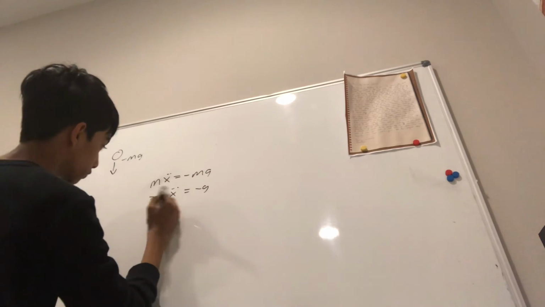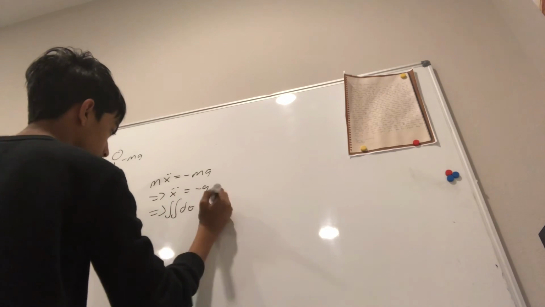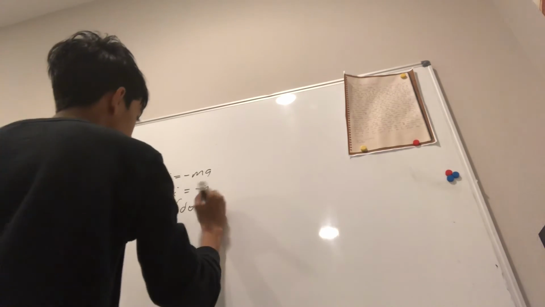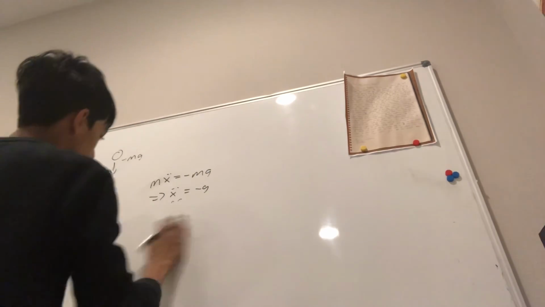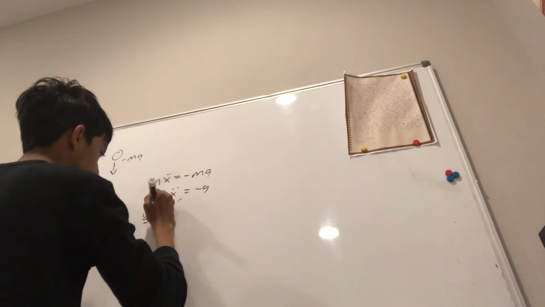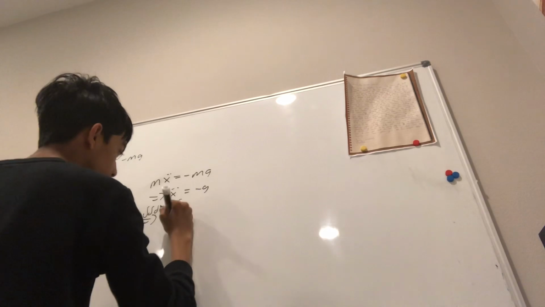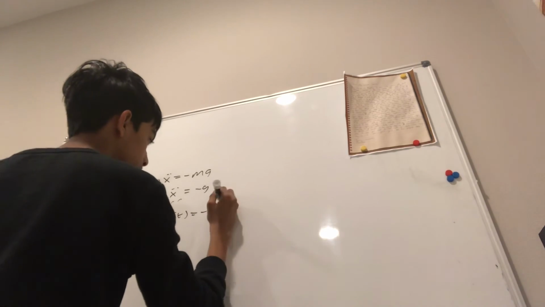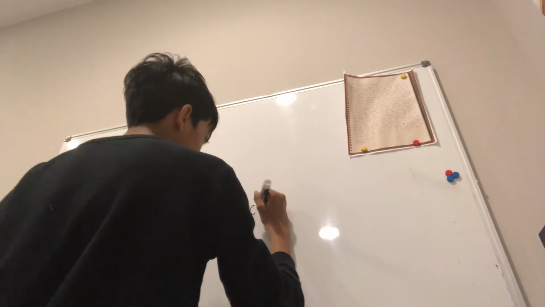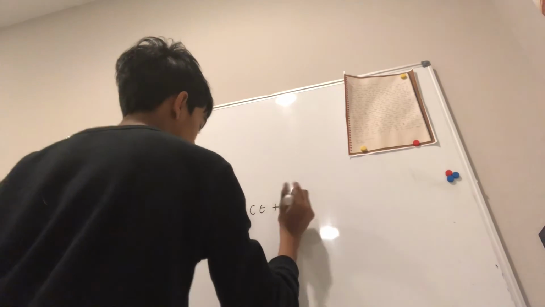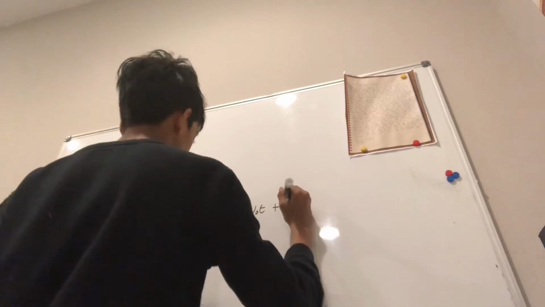So integrating both sides with respect to t twice, you just get x of t is equal to negative g t squared over 2 plus some constant c times t plus d, where c would just be the initial velocity and d is the initial position.